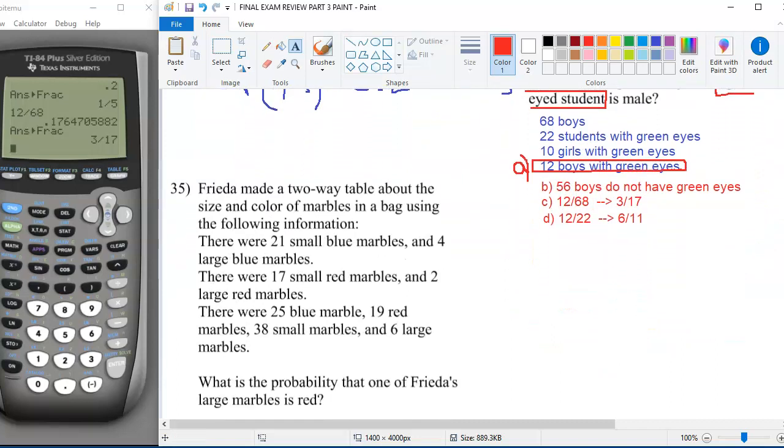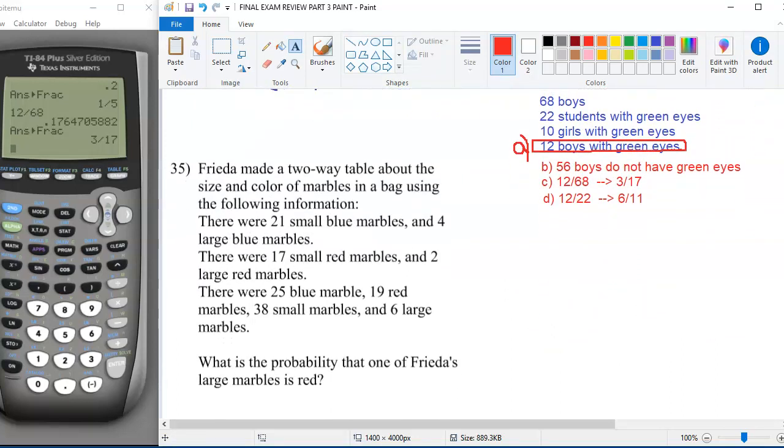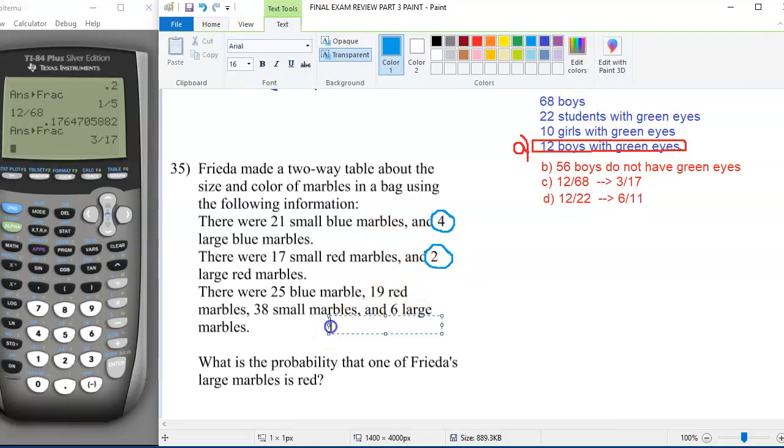Okay. All right, what is the probability that one of Frida's large marbles is red? So we are on to 35. We're working our way through. There are actually only 6 total large marbles. There are 4 large blue, 2 large red.